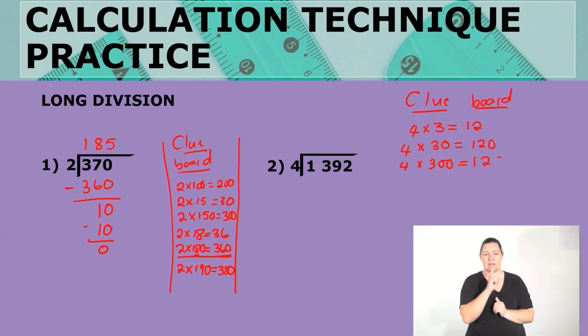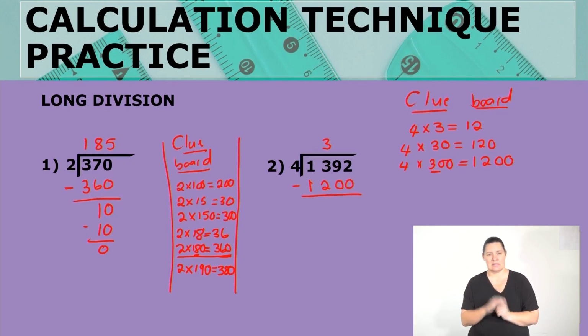And that gives us 1,200. I think that's close enough. Let's work with that. So because I multiplied with 300, I am going to place a 3 in the hundreds column. Then 300 multiplied by 4 gives me 1,200. I'm going to subtract.